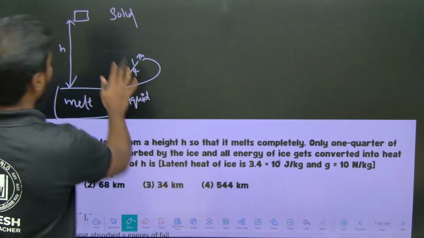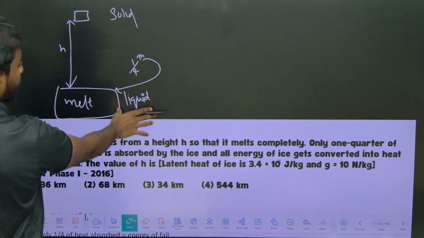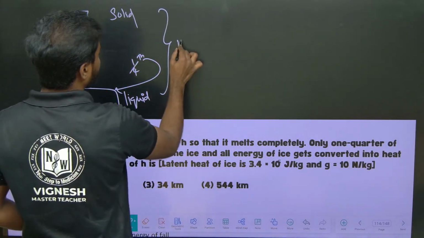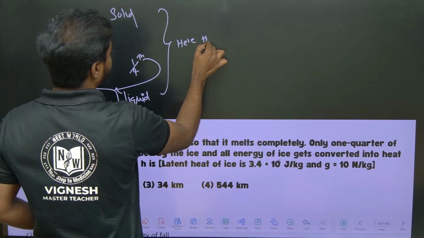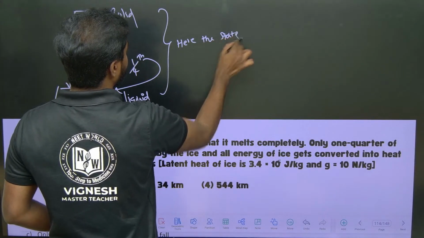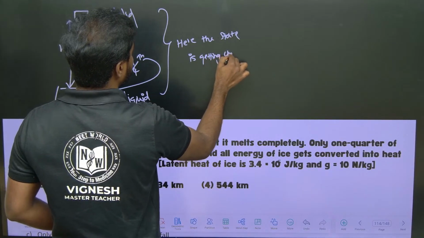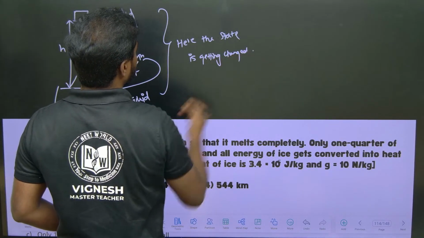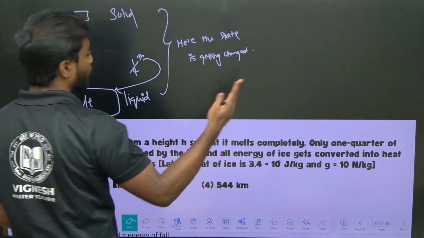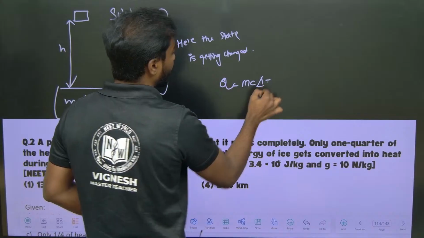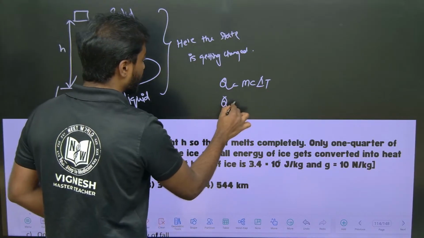Since a solid is converted into liquid, the state is getting changed. So I need to use two formulas. One formula is Q equals m c delta T. The other formula is Q equals m L.